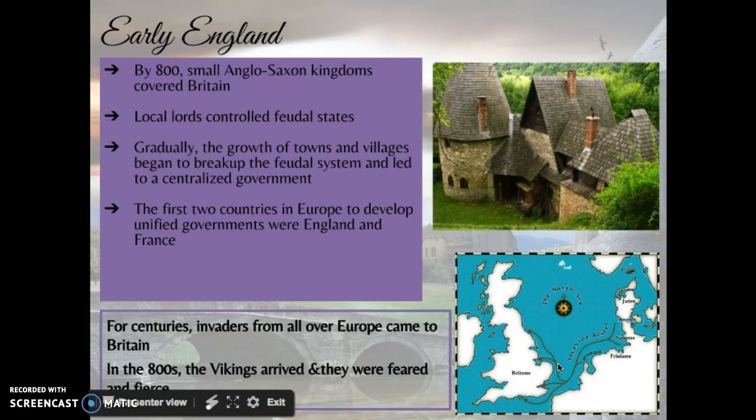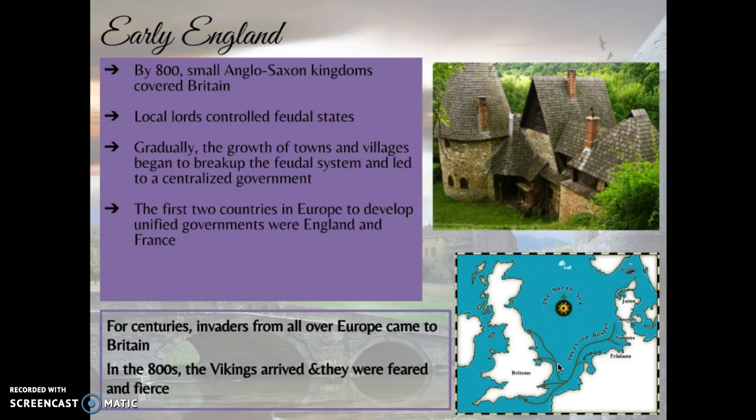So, by 800 CE, there are small Anglo-Saxon kingdoms that cover Britain, and we've talked a lot about the feudal system. So, you had these local lords controlling feudal states. But gradually we see the growth of towns and villages, and that would then force the feudal system to change.